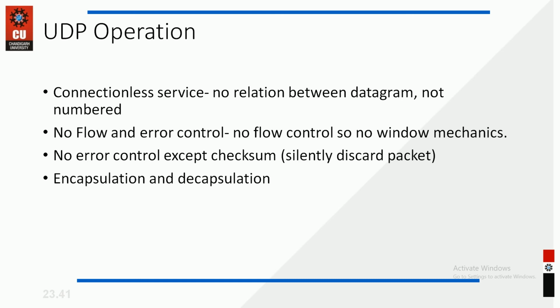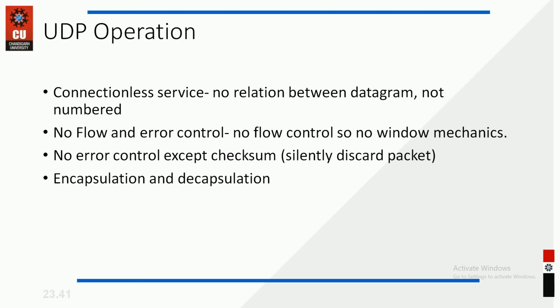Connectionless, no relation between the datagrams, no sequence number. If there is no sequence number, it can follow any path. But how can we reassemble at the destination? Obviously we need some kind of identification.